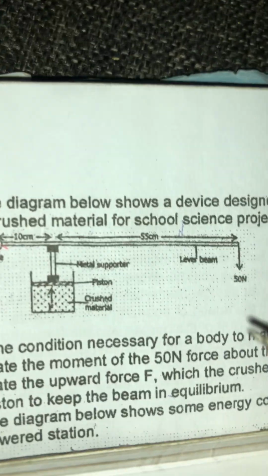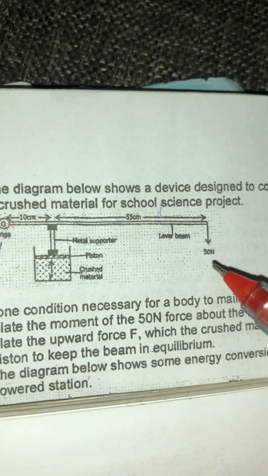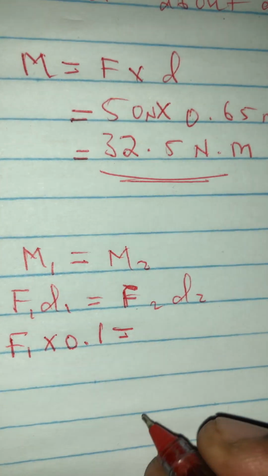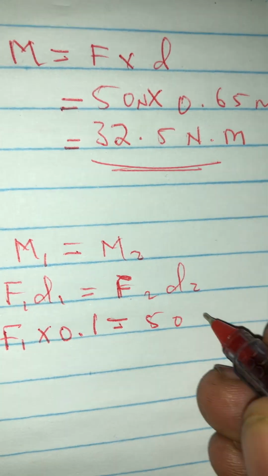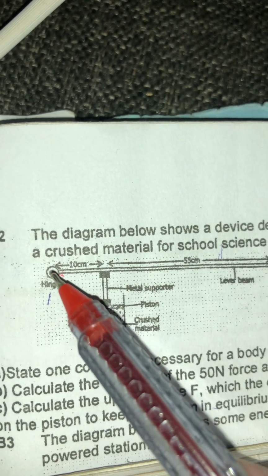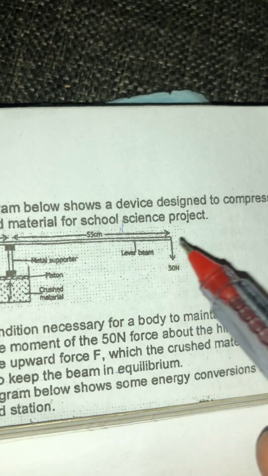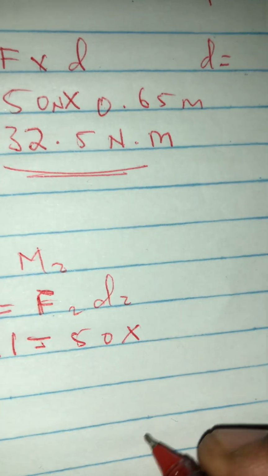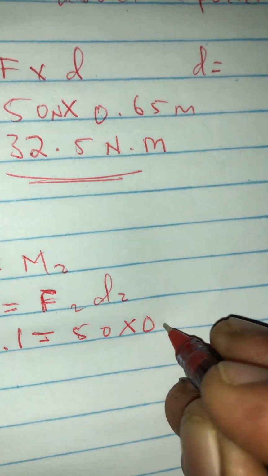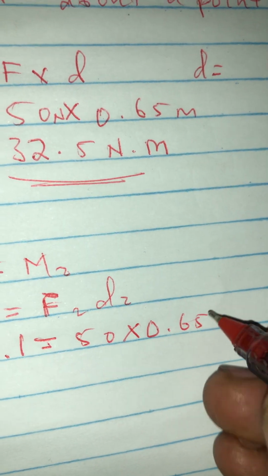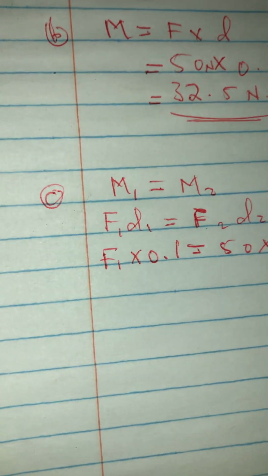F2 is going to be 50 newtons, so we're going to put the 50 newtons there, multiplied by the distance from the pivot, from the hinge up to where the force is acting. This we have already done, so I will not spend much of the time. We've already calculated it there.